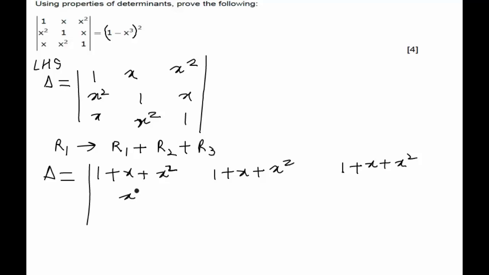So x² 1 x, x 1 x². Since the first row has all the elements as 1 plus x², we can take it out common. We get (1 + x²) times determinant.